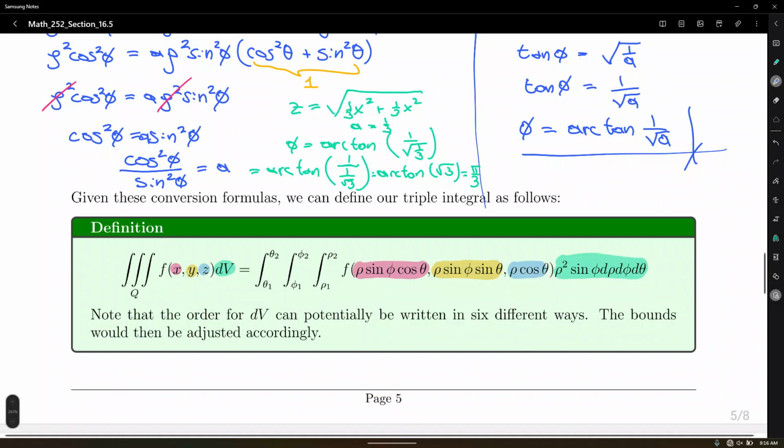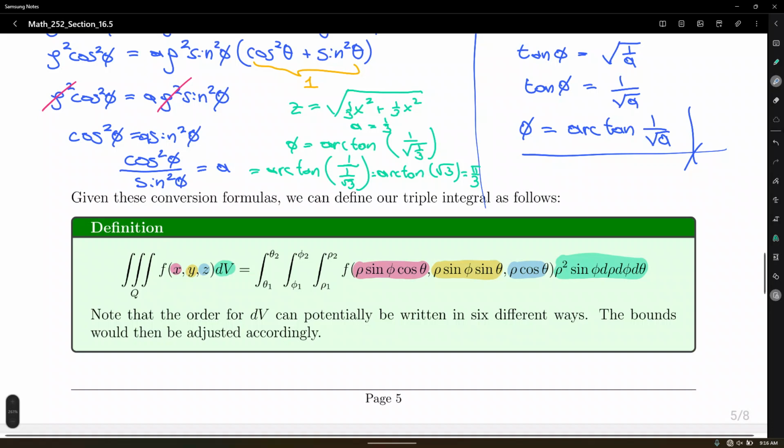Those rho's are going to be expressed in terms of the equations that describe those solids. So we have 3 or 4 case scenarios. Those rho's may be just constants. Number 2 could be functions of phi and theta. Number 3, just a function of phi, or number 4, just a function of theta.